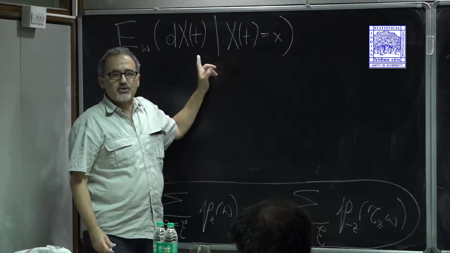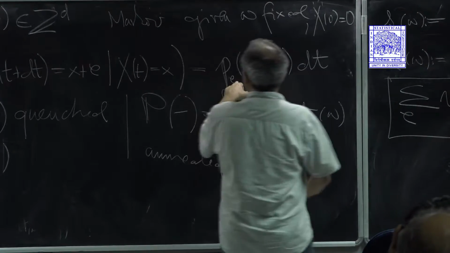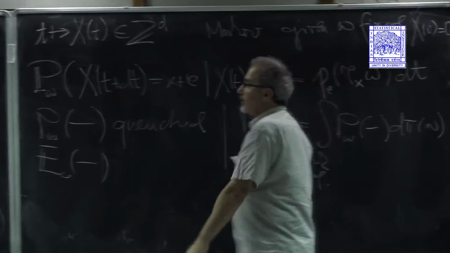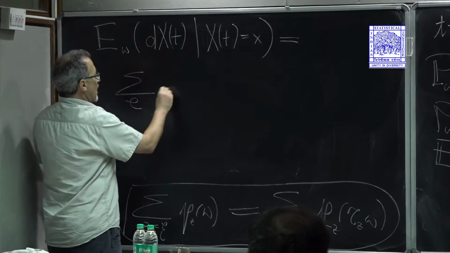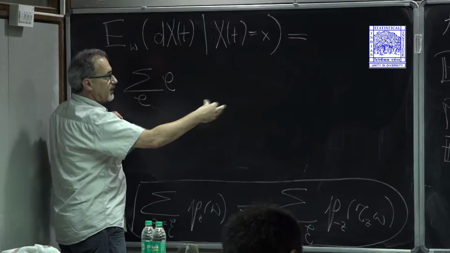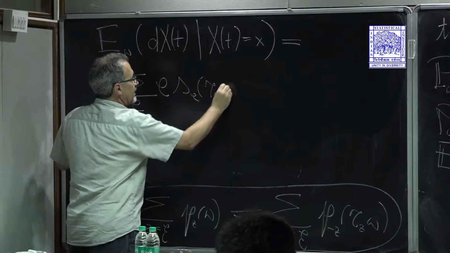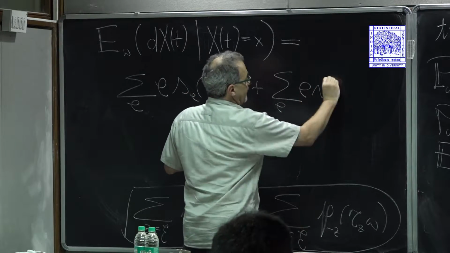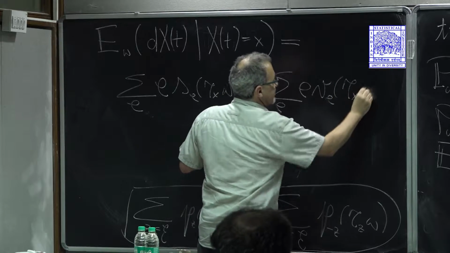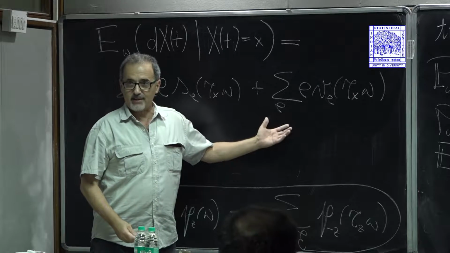What is your local speed? And of course, you easily guess that you just have to add up the e's. So this is the sum over the e's of e times p_e, but I divide it into the sum of e times s_e tau_x omega plus the sum over e's of e times v_e tau_x omega, which is just the same sum over e of p_e. I just separate it.